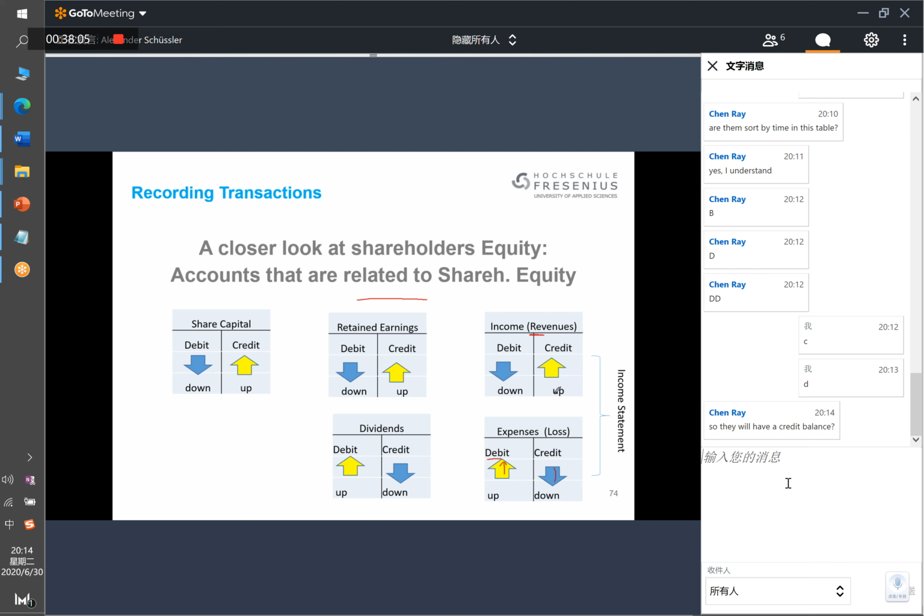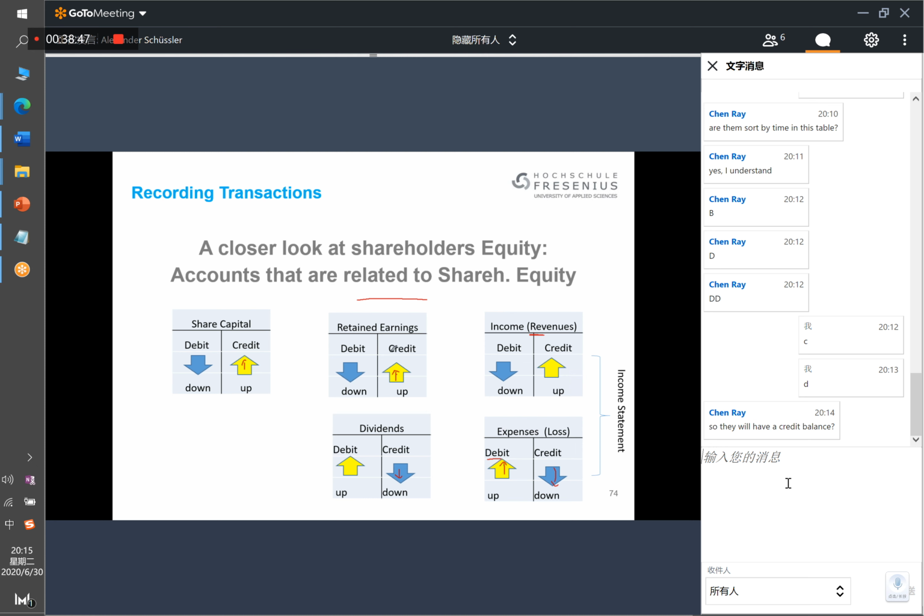So revenues have a credit balance. Liabilities have a credit balance. Retained earnings, for example, also have a credit balance. Yeah. Why? Credit up. Share capital, credit balance, credit up. Dividends, not a credit balance because credit down. Expenses also not a credit balance. Why? Credit down. Yeah.